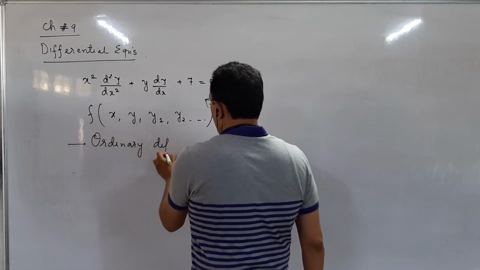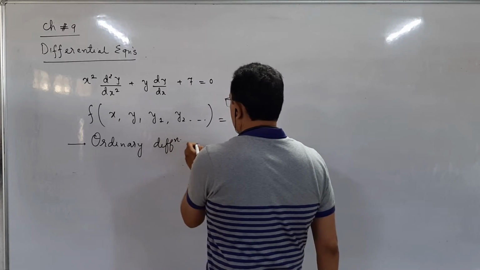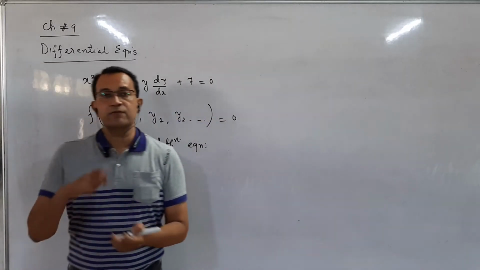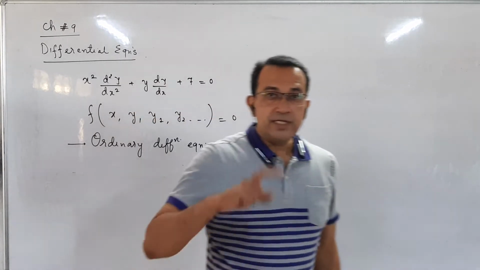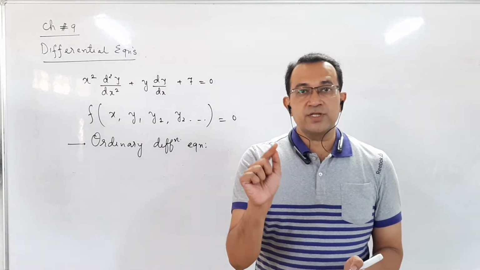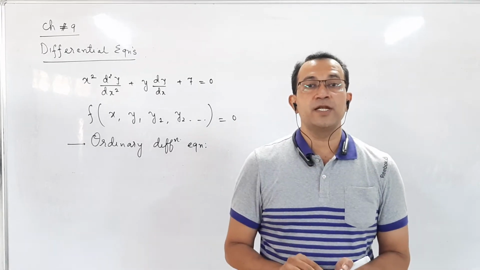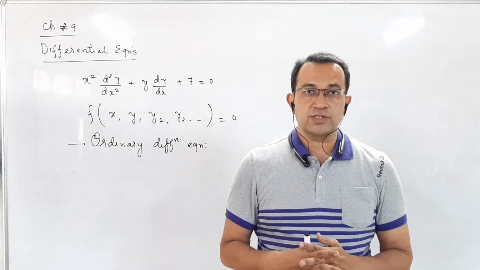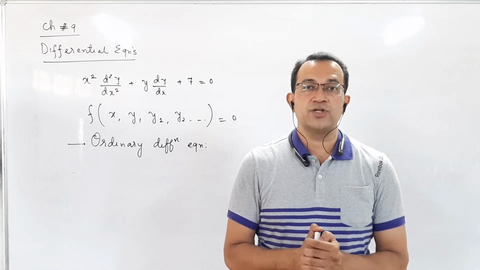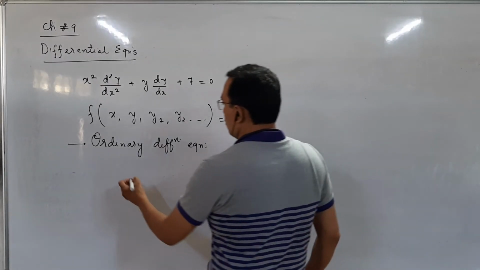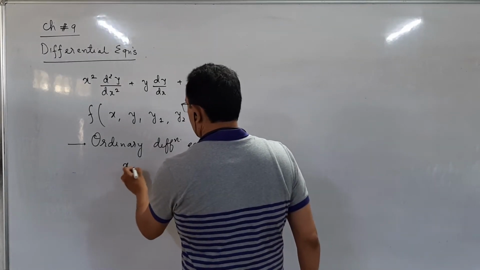What is an ordinary differential equation, students? A differential equation where the derivatives of dependent variable y are considered with respect to only one independent variable x, then such a differential equation is called an ordinary differential equation.